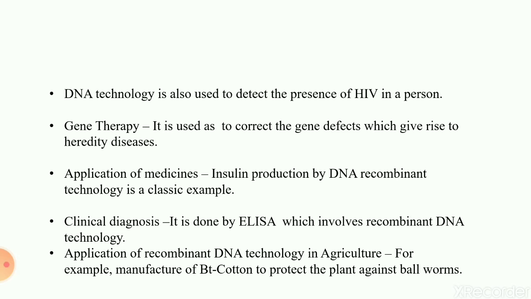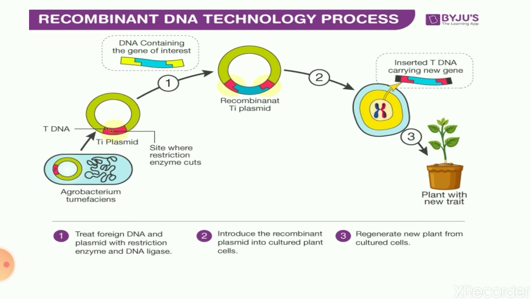It is also applied in agriculture. Bt cotton is one example of recombinant DNA technology, which is used to protect the plant against bollworms.